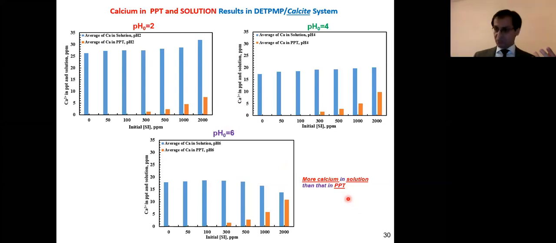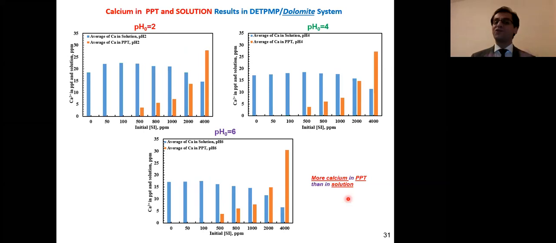So we have rock dissolution, and some part of the calcium generated by rock dissolution is involved in chemical reaction with DETPMP. Some of it is left. That's why we have an excess of calcium in the system.